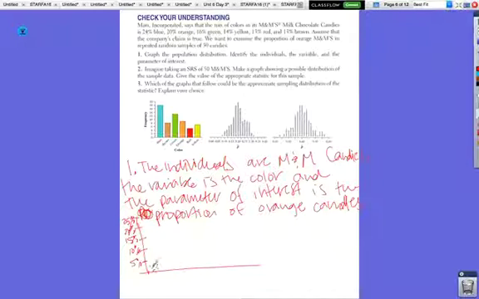Across the bottom, we would have each of our colors. We'll start with blue. Blue is 24%, so almost all the way to the top. Then we have orange, which was at 20%, so not quite all the way to the top, but pretty close. Next, we have 16% for green.